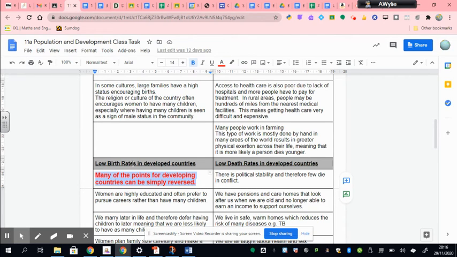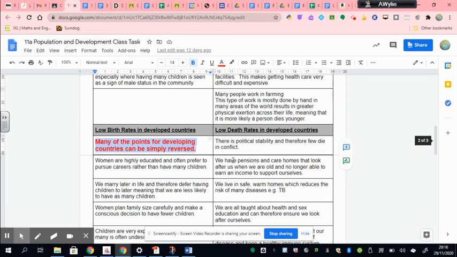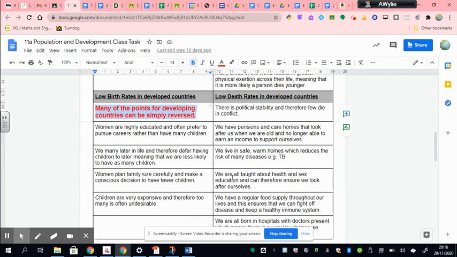So why are birth rates low in developed countries and why are death rates low? But what I've also tried to do when you read this is introduce new ideas that aren't just reversals, but are actually completely unique to richer countries like our own. Okay, so go ahead and do that task first, and then come back to this video in a second.